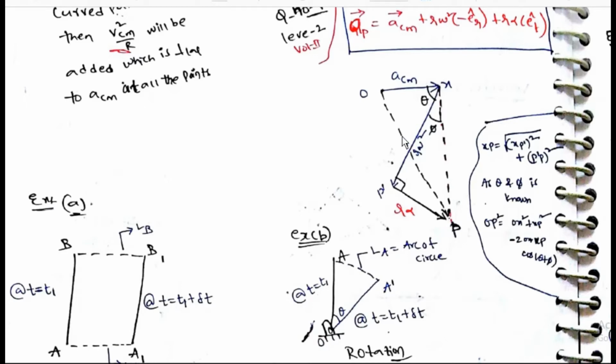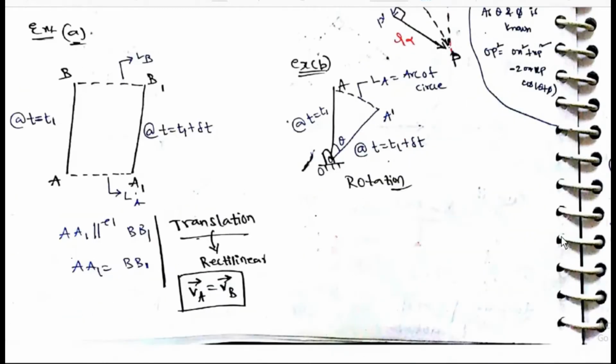So the resultant of these two will be like this. From this ACM and the resultant of these two, the final resultant is OP. From length we can find XP is equal to root of XP dash squared plus P dash P whole squared, and as theta and pi are known, OP squared is equal to X squared plus XP squared minus 2 OX XP cos of theta plus pi.